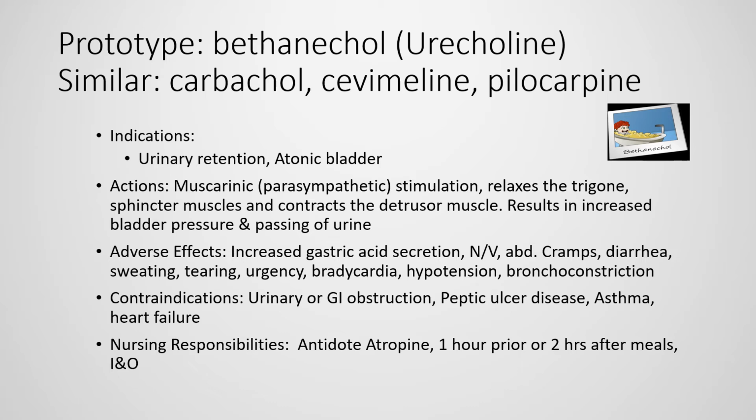So bethanechol is a muscarinic agonist. I'm just using different terms here, but they're all the same, right? Parasympathomimetic, cholinergic agonist, and it contracts the detrusor muscles, and it also relaxes the bottom of the bladder where the urethra is, and that's called the trigone, and relaxes the sphincter muscles of the bladder to allow the urine out.